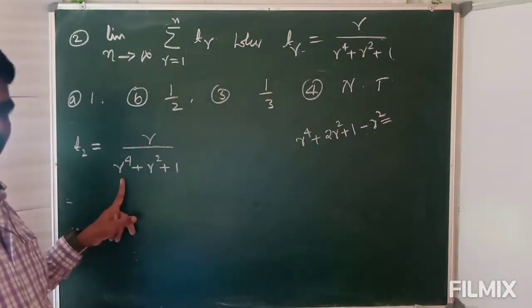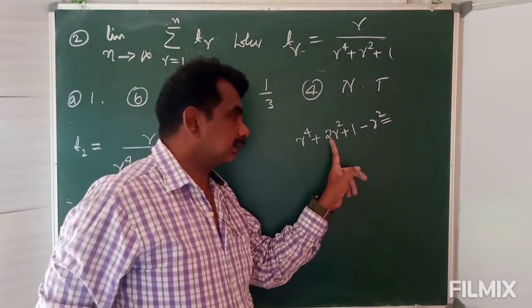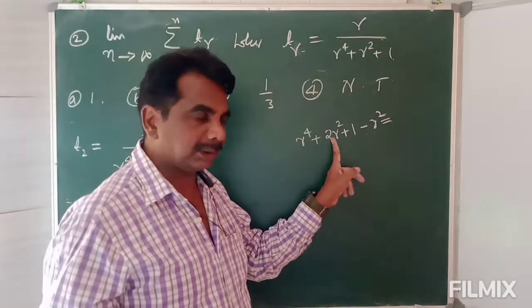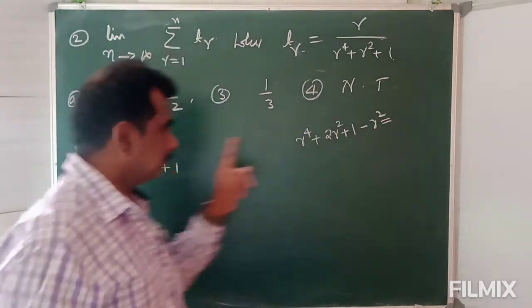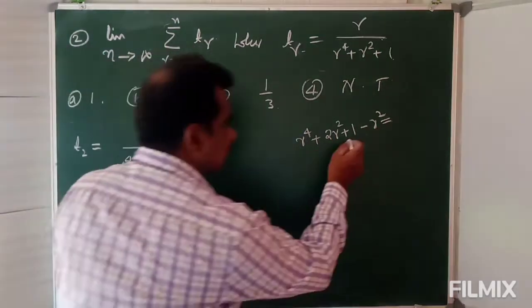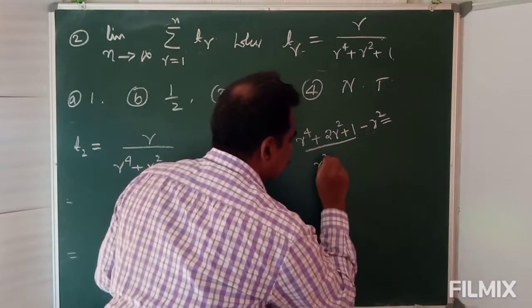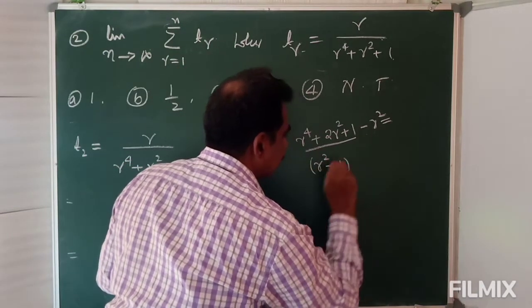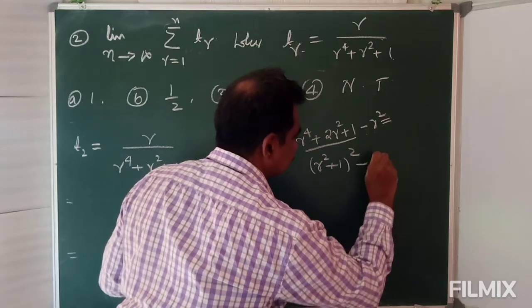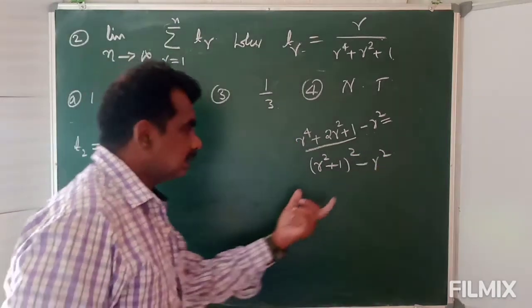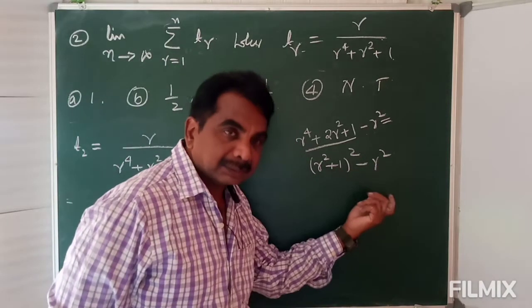I will add r square, that is 2r square, and subtract r square, so the original expression comes. This is r square plus 1 whole square minus r square. Understand? This is of the form x square minus y square.